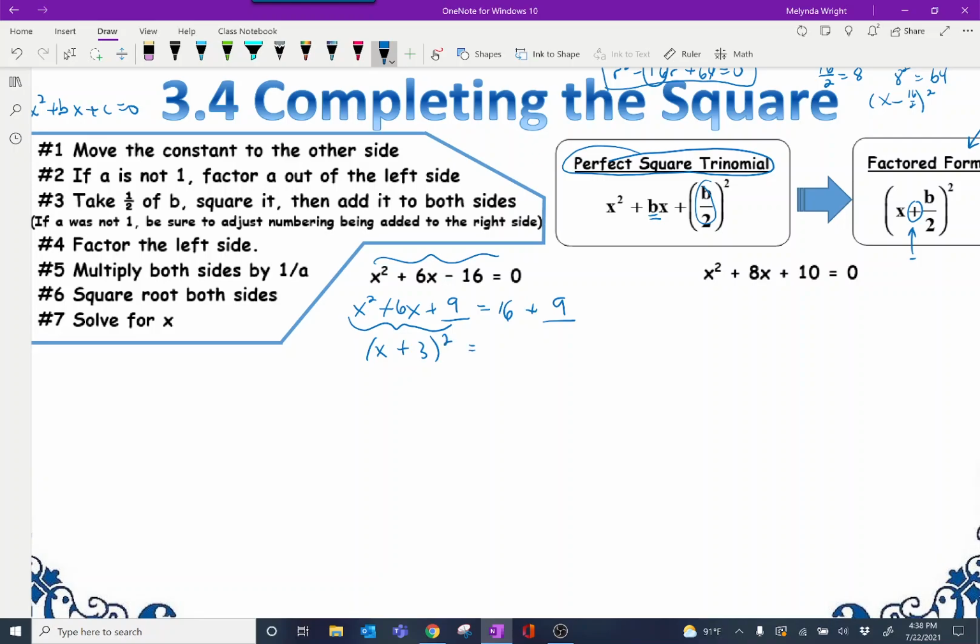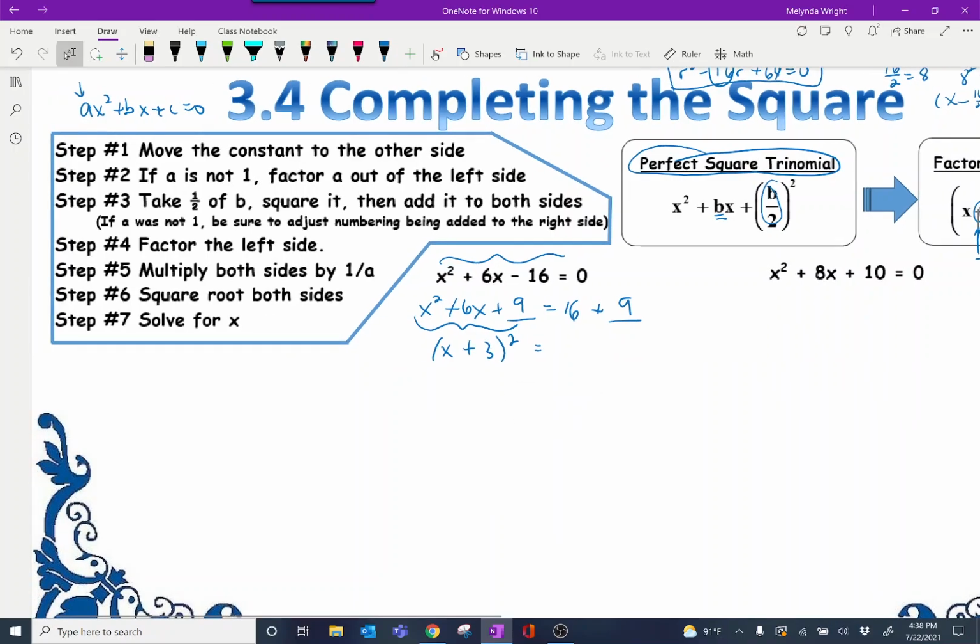If you know the pattern, you don't even have to think about it. If you don't remember the pattern, you certainly could go through the steps to factor this left side like FOIL using guess and check, and you're going to get that same thing. All right, then 16 and 9 is 25.